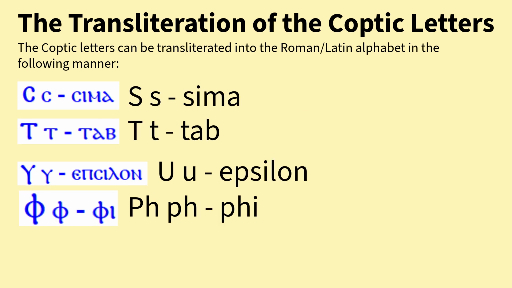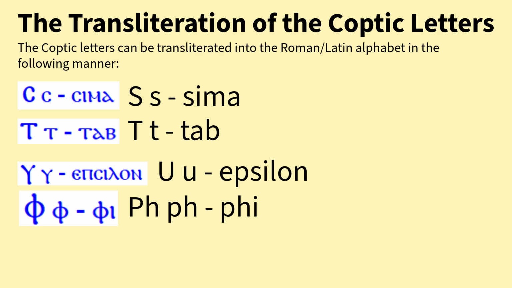We then have the Coptic letter Sima, which is transliterated as an S sound, Sima. Then we have the letter Tab. I do notice here the B in final position is not pronounced as a W. We don't have Tau, we have Tab.